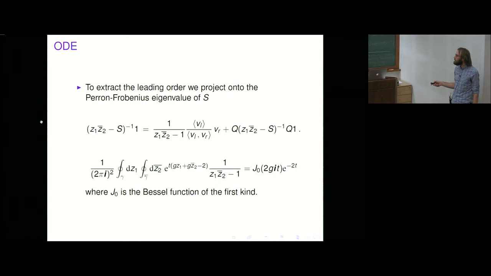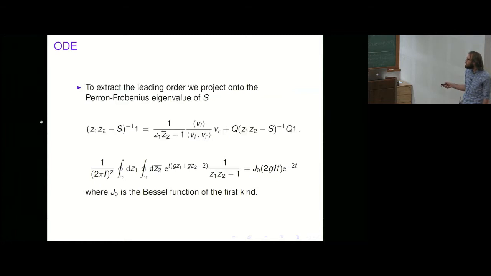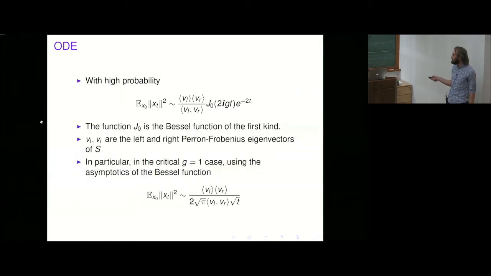So for any S, assuming it has the spectral gap condition, the leading order term will just be given by this. So we get universal decay of the solution to the differential equation we considered, which is exactly the statement. The leading order comes from just this term.